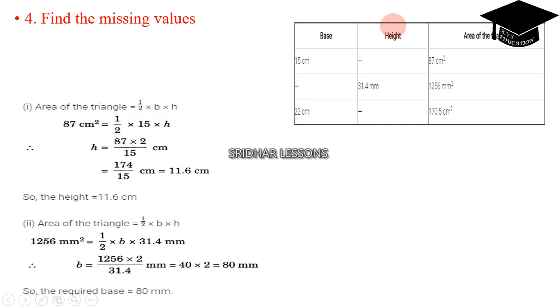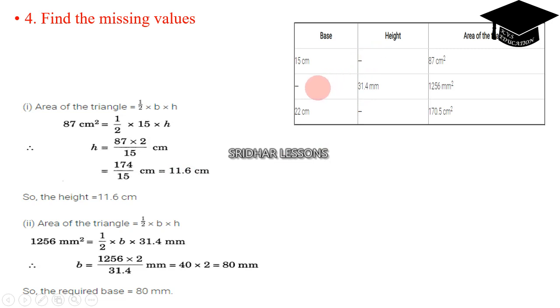He has given the base, and into H. So we have to find the value of H. So H equals 87 into 2 by 15. Upon cancellation, we have got 11.6 centimeters as the height. Height H equals 11.6 centimeters.